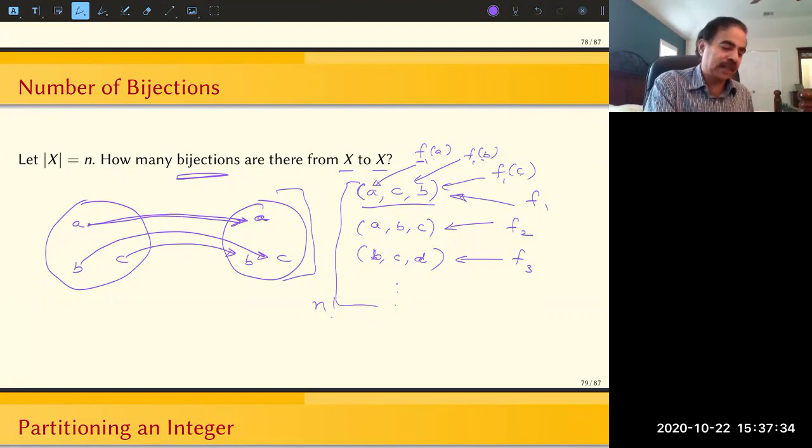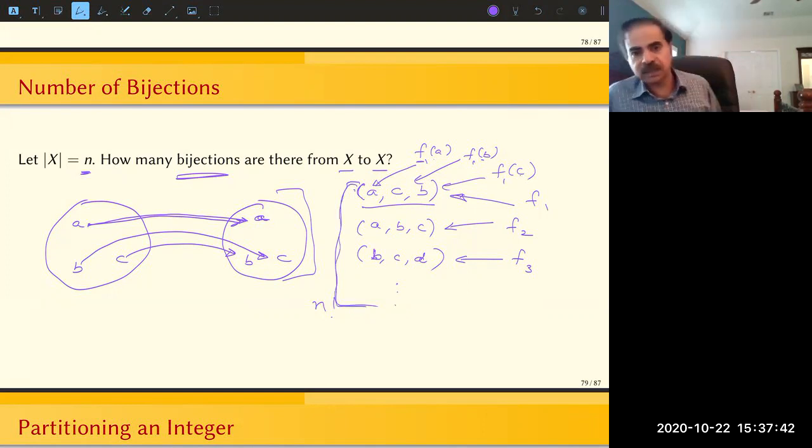And so if X has n elements, then the number of possible sequences here is going to be n factorial. This is something that we know. If there are n elements, the number of possible permutations of n elements is n factorial. Okay, so n factorial is the number of bijections from X to X. Any questions?